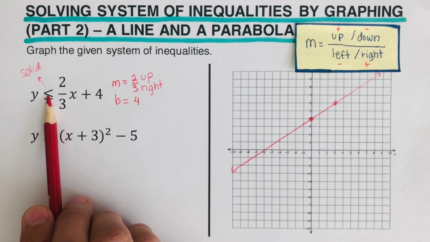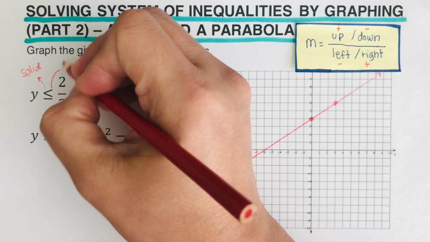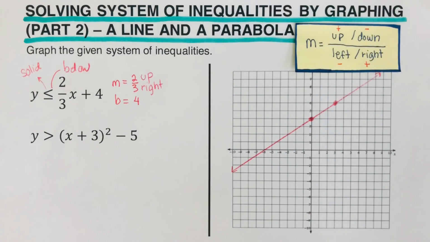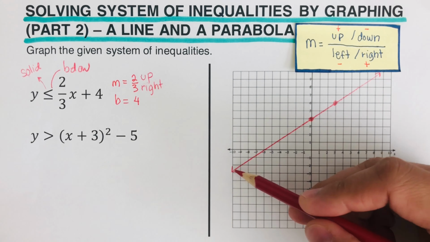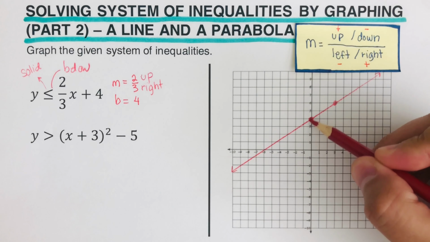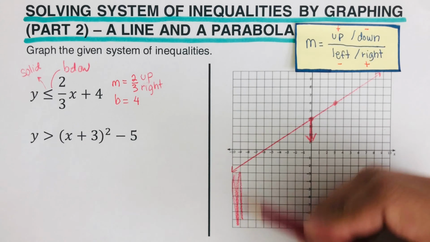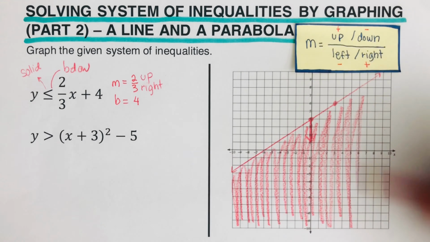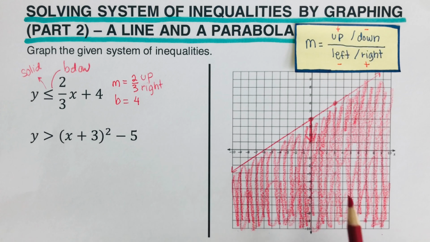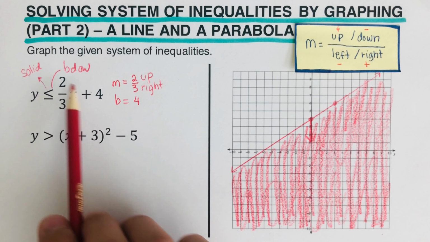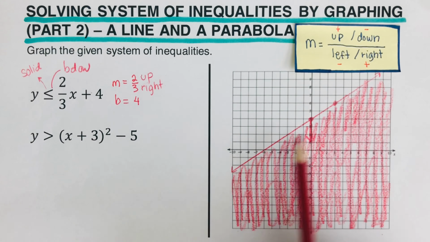Since this is less than or equal to, we are going to shade below. So below this point will be the one that we shade. I'm just going to shade this part. This means that the solution for this inequality are the ones that are below this line.